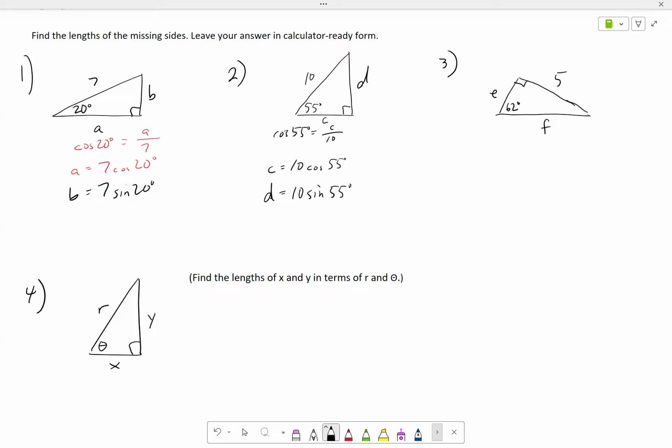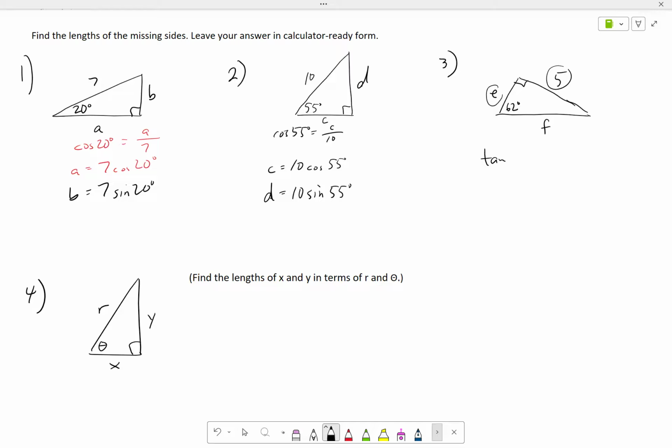For E. Connor, were we able to do E? Can you walk us through the work for that, please? Well, you need to relate the opposite and adjacent sides, so you need to use tan.